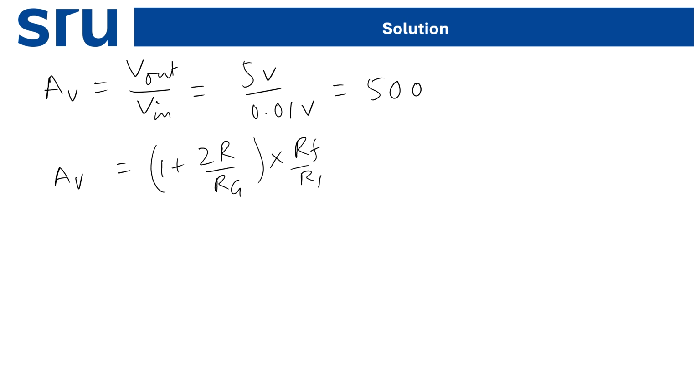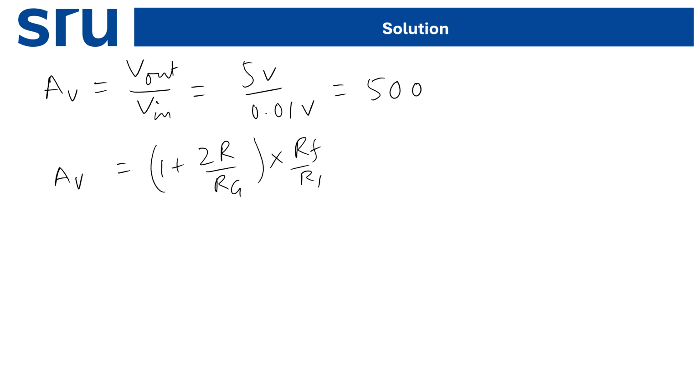Okay, so now we will calculate the total value and we will put all the values which we already received from the previous calculation. Okay, let's put all these things.